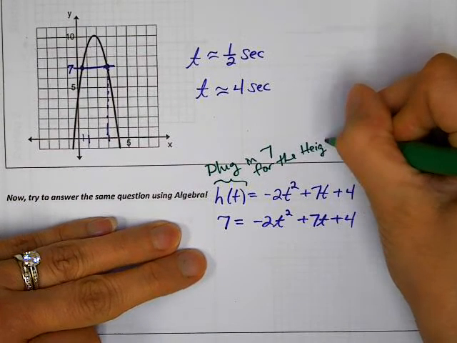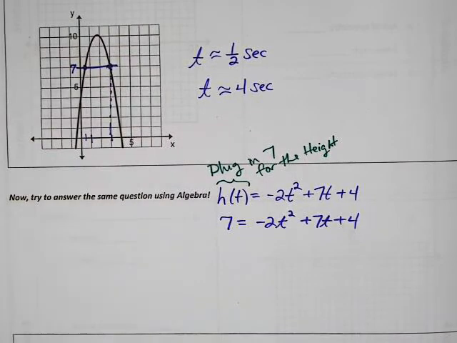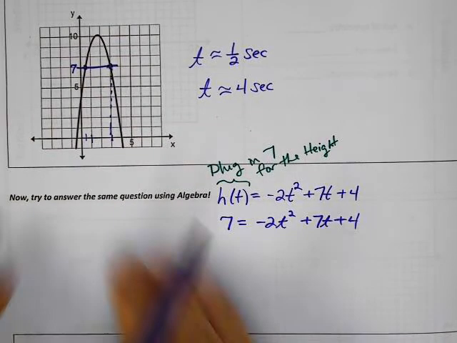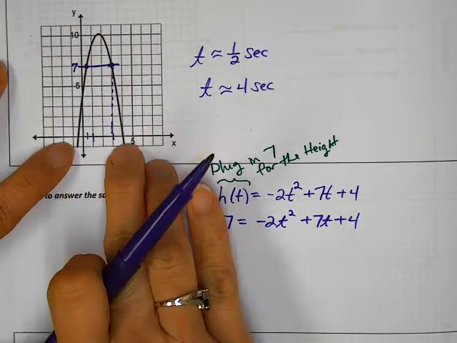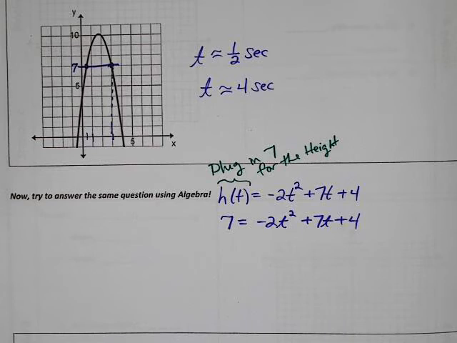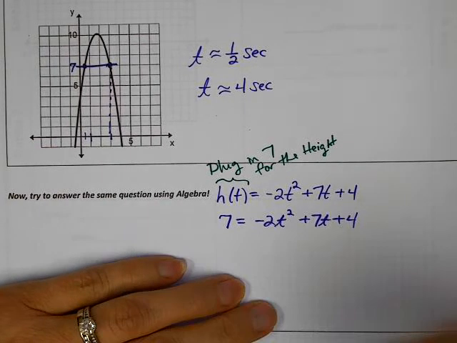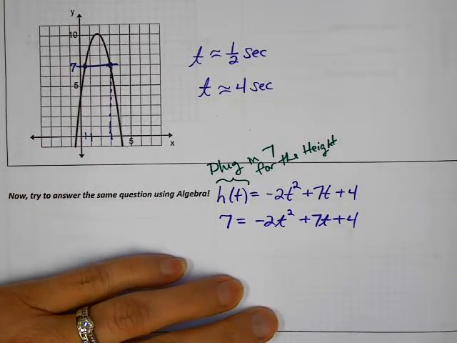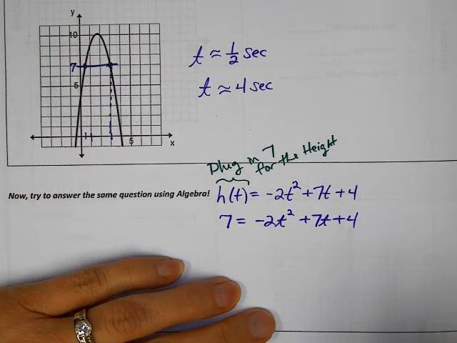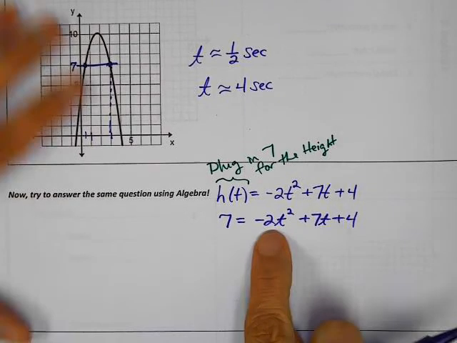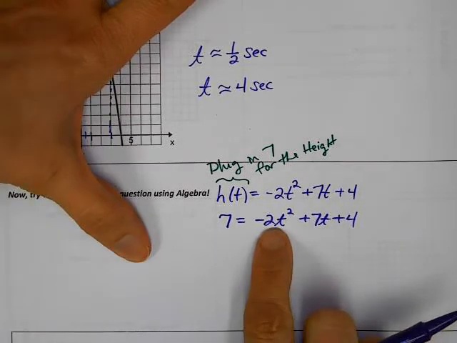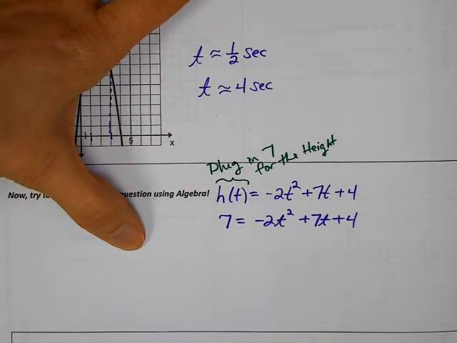Last time we were plugging in 0 a lot because we wanted to know the x-intercept, or a height of 0. But now I want to know, when does it equal a 7? How do you solve this? Well, we're going to have to move everything over to one side. I'm not really liking this negative. I'm thinking maybe I'm going to move everything to the left.